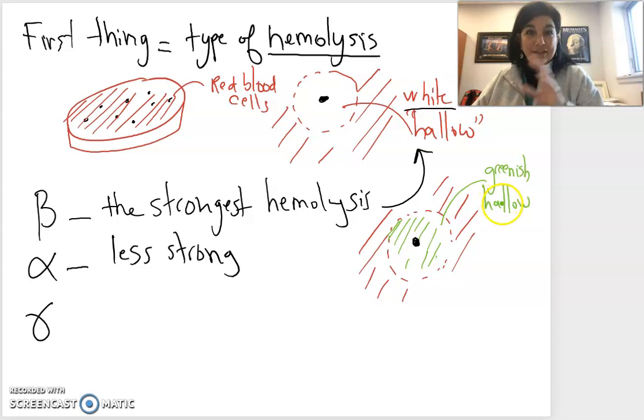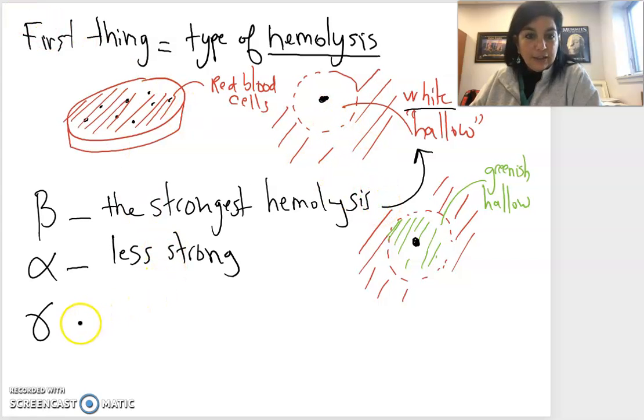It's because it's not completely hemolyzed. We have remnants, and we have this kind of greenish halo around the circle of damaged cells around the streps on the surface of this blood plate. That takes some practice to see the difference between the two.